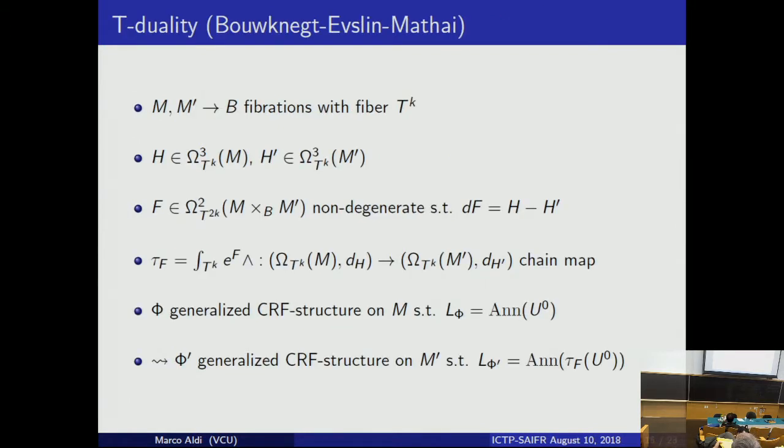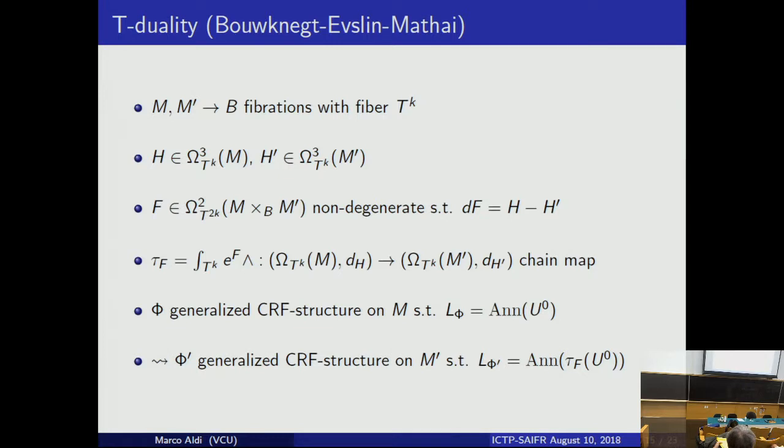Another thing that the spinor formalism is useful for is to study T-duality in the BM setting. So now you have M and M prime that are fibrations with torus fiber, and you possibly add 3-form flux.